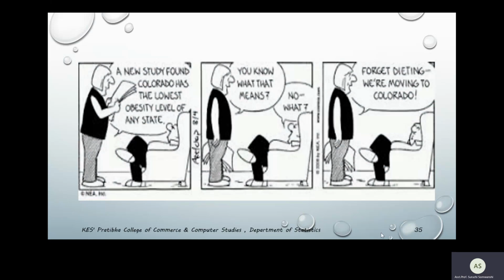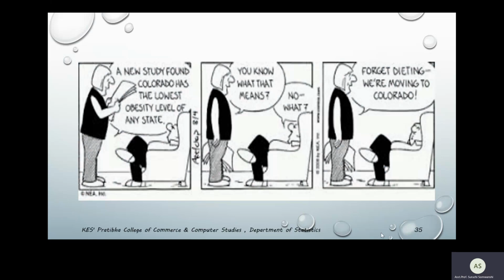The lady is reading a newspaper and she found a news item saying that a new study found Colorado has the lowest obesity level of any state. And she is thinking, you know what that means? Forget dieting, we are moving to Colorado.